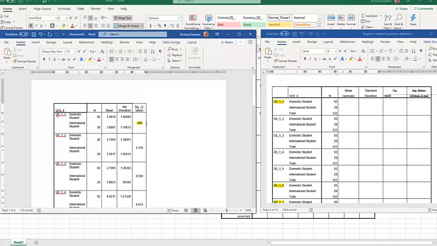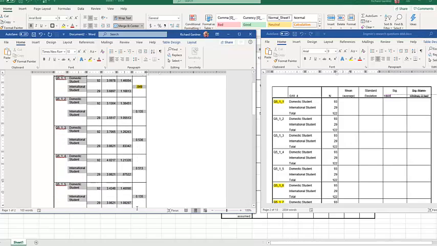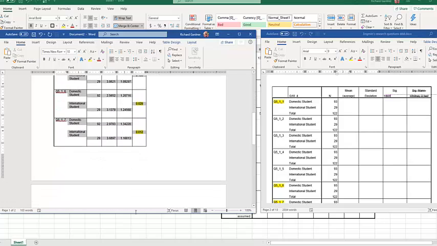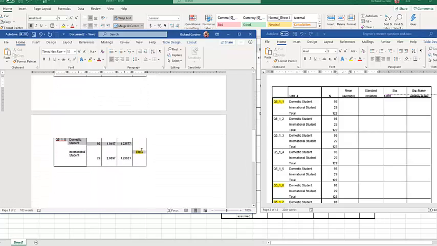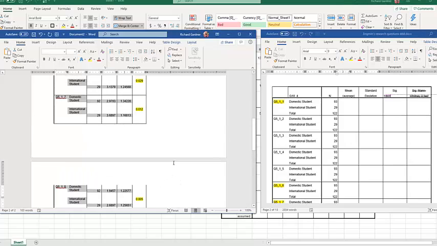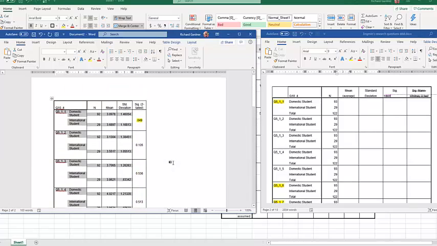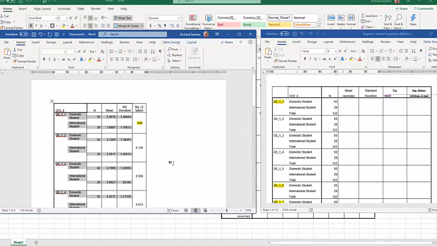Now if we just highlight all of this, why does it get it all? Oh, it didn't get that whole column. Okay, well, we'll do it one thing at a time here.